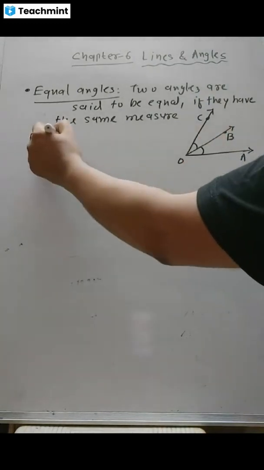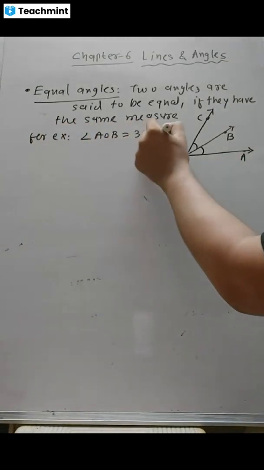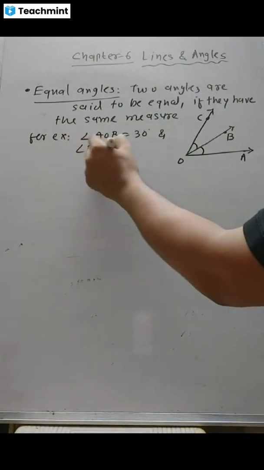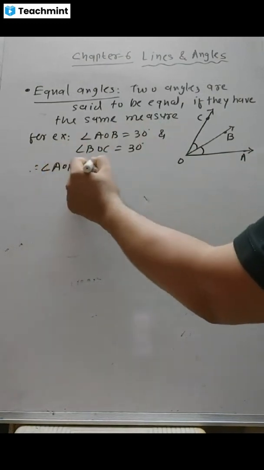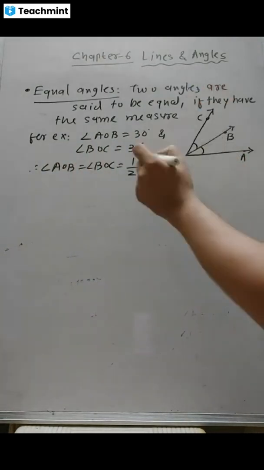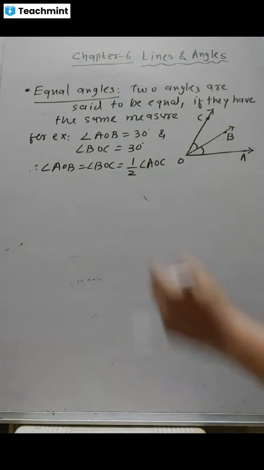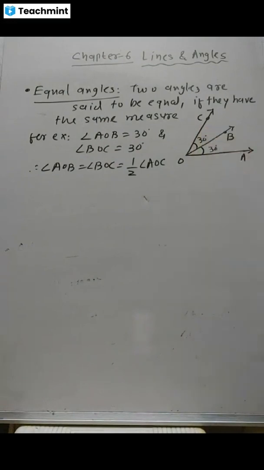For example, angle AOB is 30 degrees and angle BOC is 30 degrees. Therefore angle AOB is equal to angle BOC, that is 1/2 angle AOC, because angle AOC is 30 plus 30, that is equal to 60 degrees.